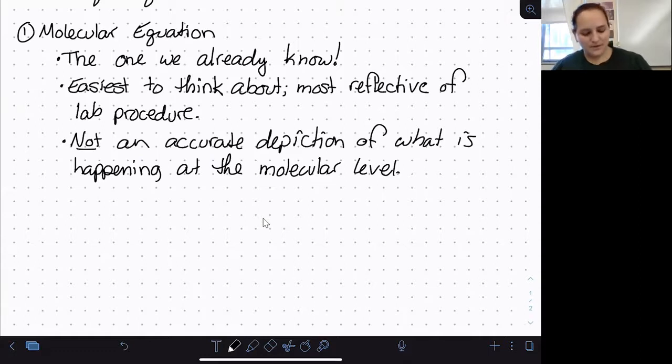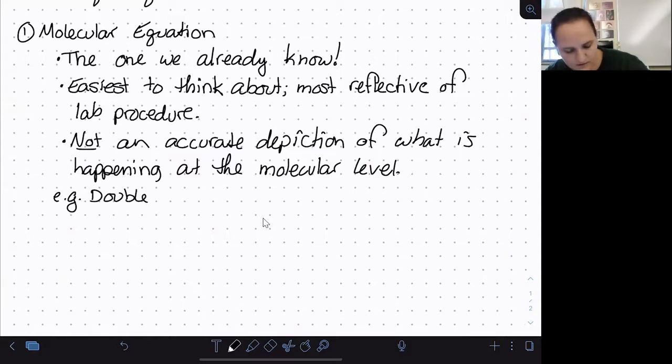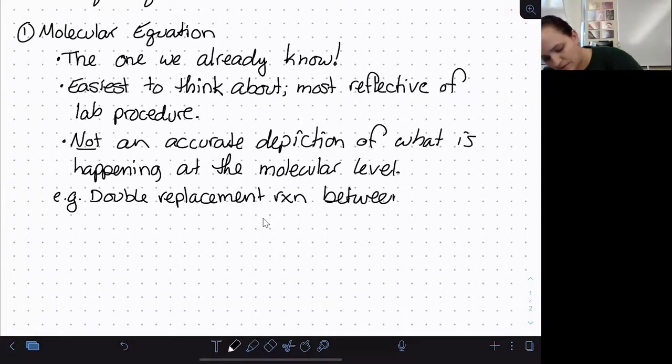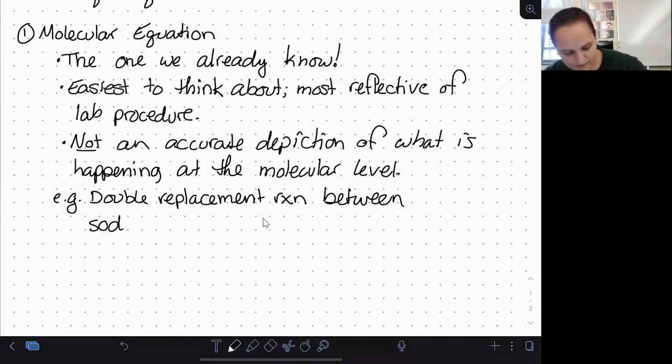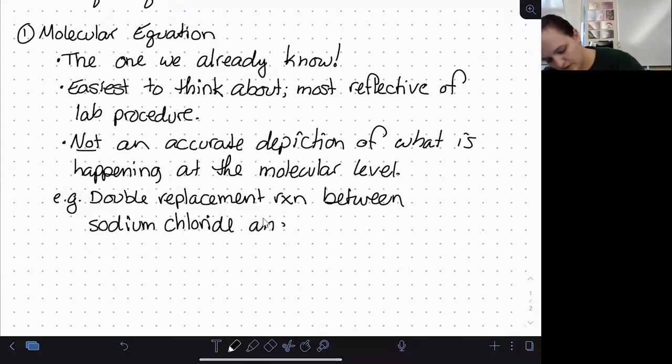So the example that we're going to be working with is the double replacement reaction between sodium chloride and lead(II) nitrate.